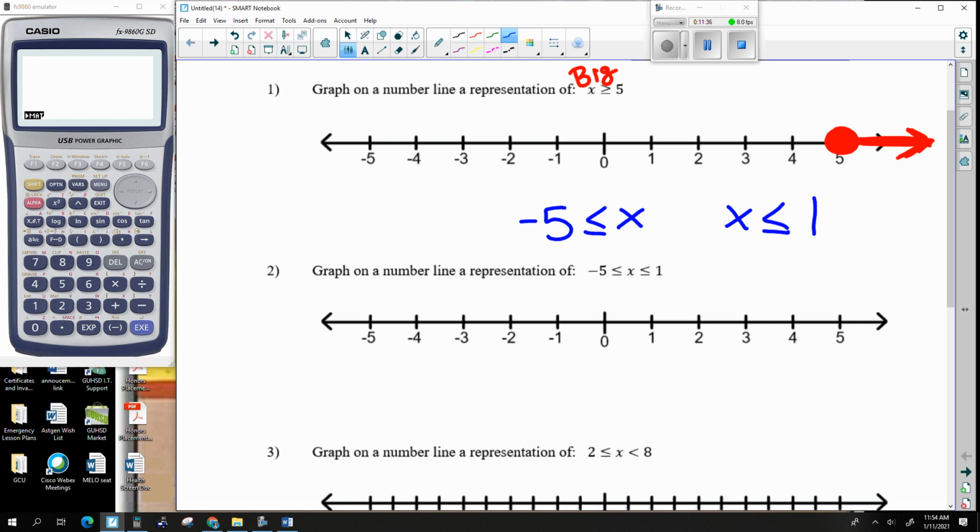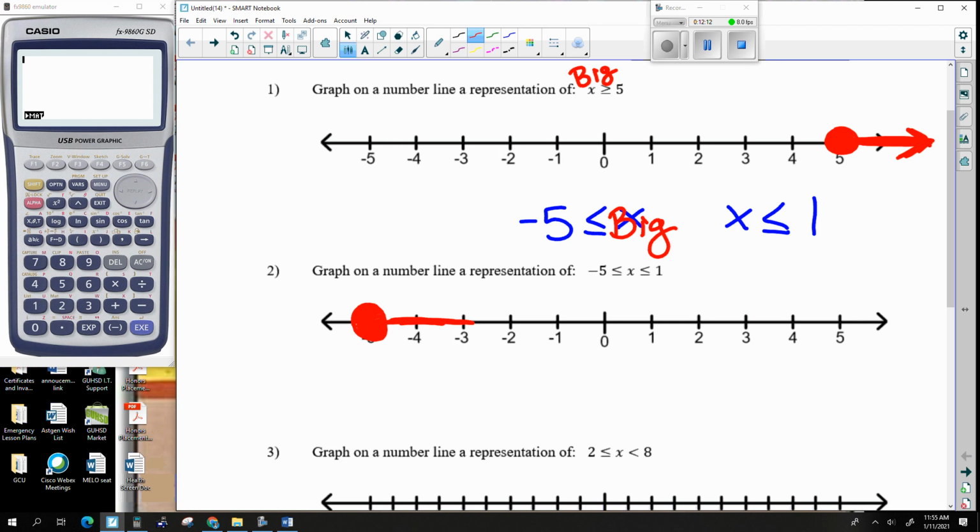Okay, and we're going to graph both of these simultaneously. Focusing on this left-hand side, I see that the x is bigger than negative 5. So negative 5 and x is bigger than. So I'm just going to start this off. And so it's going to be all of these numbers bigger than. Okay, it is also or equal to, so I darken that in. So that kind of starts the process. So x is bigger than negative 5.